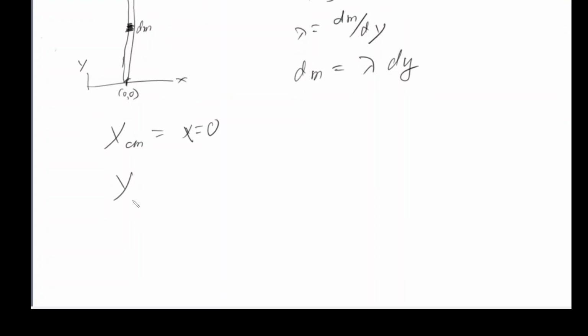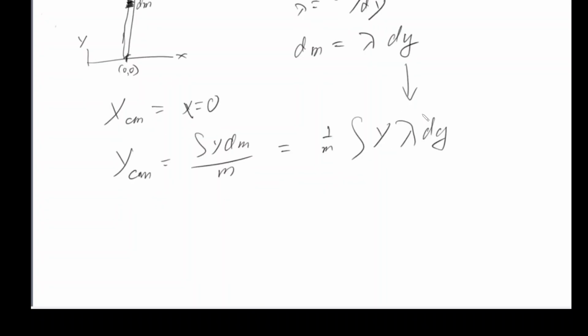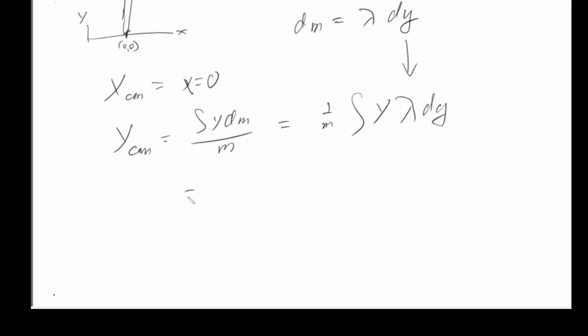The center of mass of y is equal to the integral of y dm over the total mass, which is equal to 1 over mass times the integral of y times lambda dy from above. So that's equal to 1 over m times the integral of y.